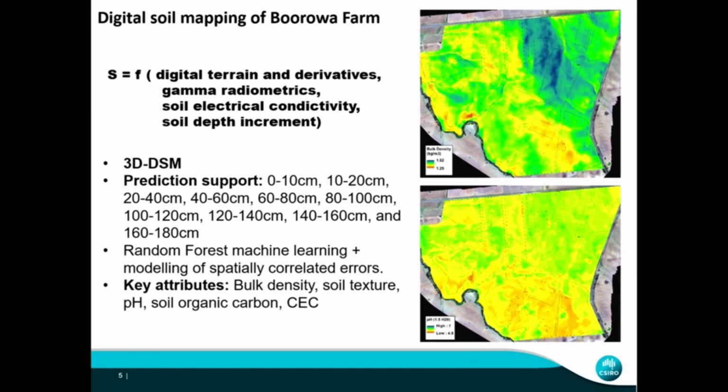And same with all other variables, so pH, for example. So that's underpinned by spatial modelling, and it's really establishing that baseline estimate of soil variability across the farm.